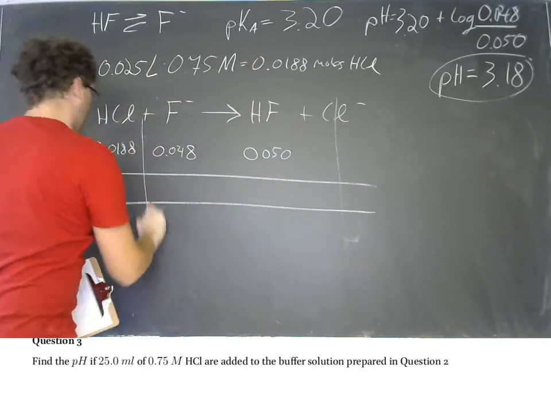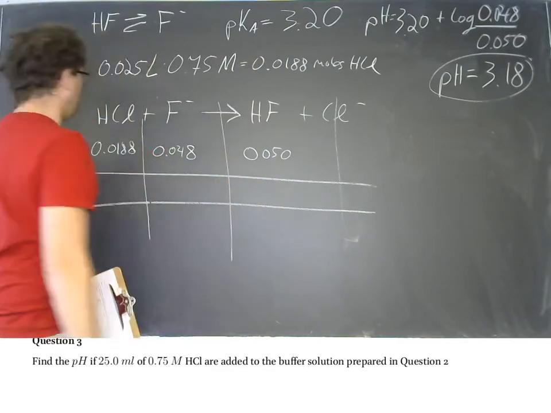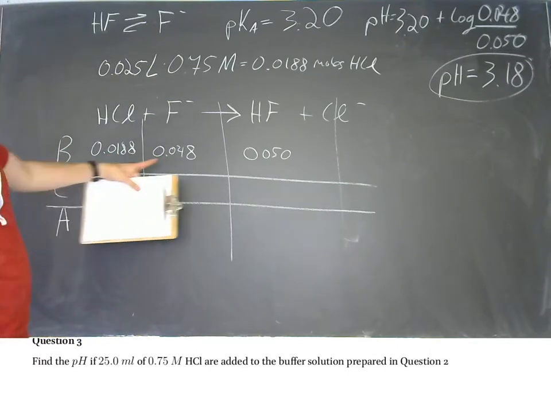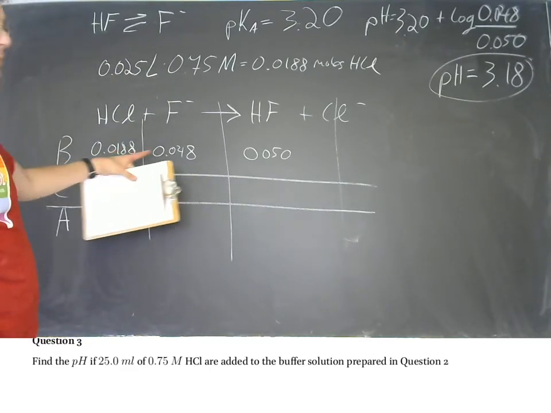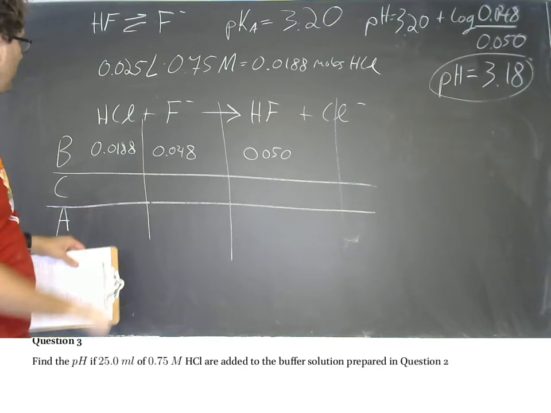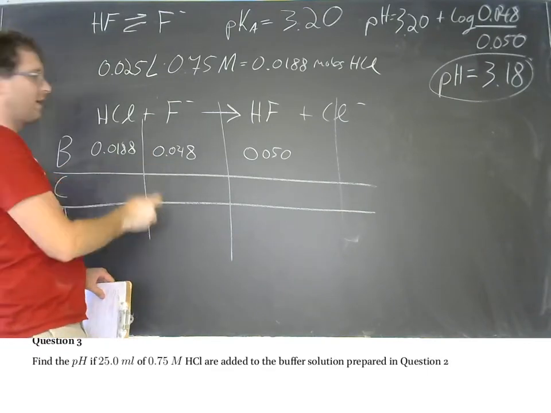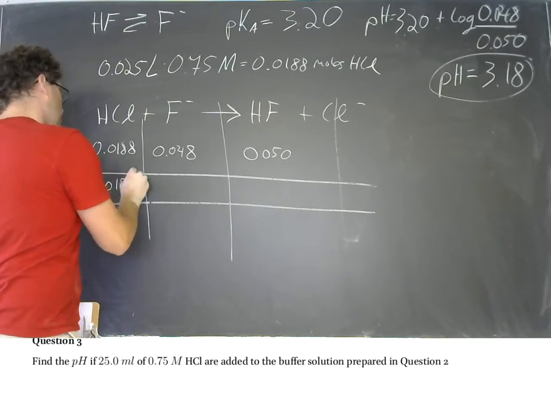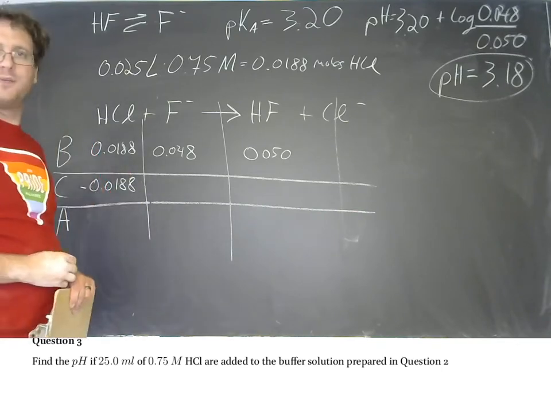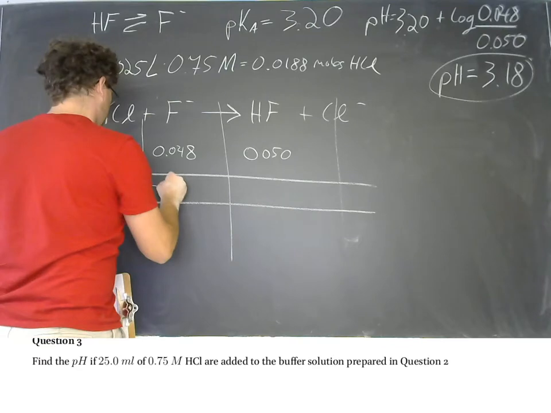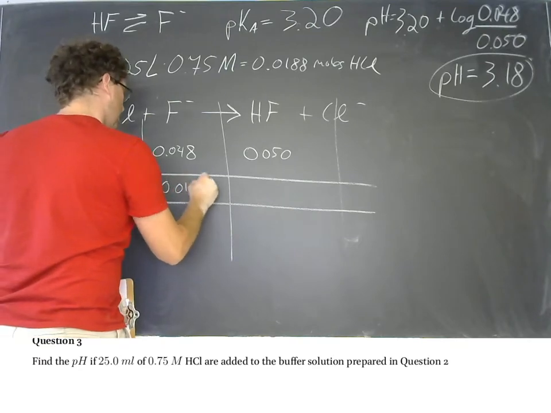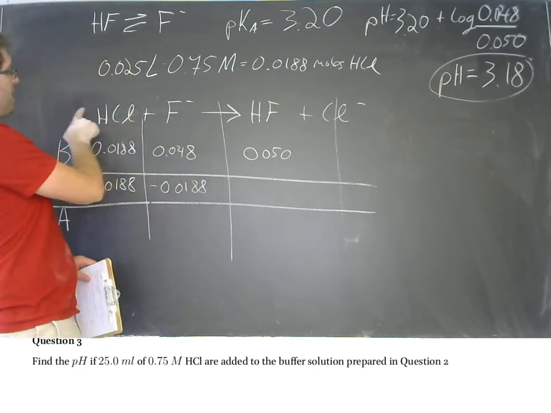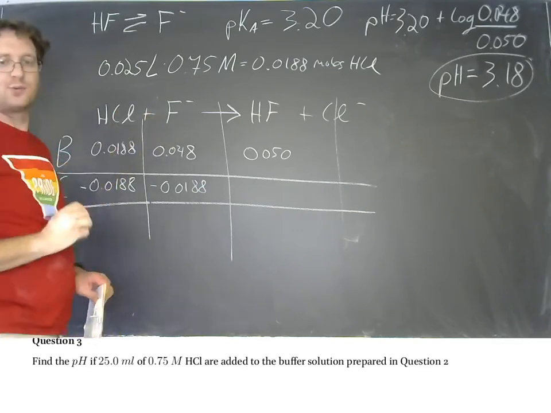And so we'll make a table just like an ice table. This time the change is going to be the limiting reactant. And at a glance we can see we have less hydrochloric acid. And so we're going to react all of the hydrochloric acid. And we will react a similar amount of the fluoride because we have a 1-to-1 stoichiometric ratio.